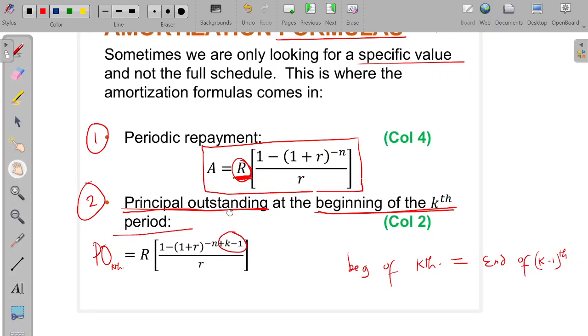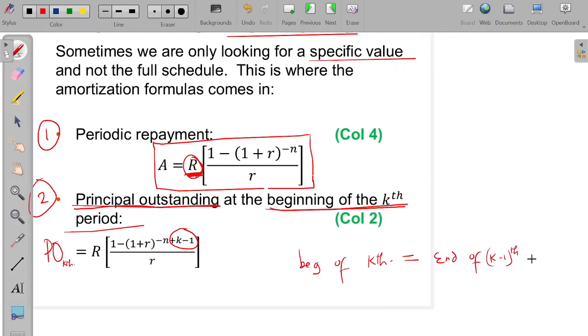So if I say calculate the principal outstanding at the beginning of the 10th period, this is the same as the principal outstanding at the end of the 9th period.